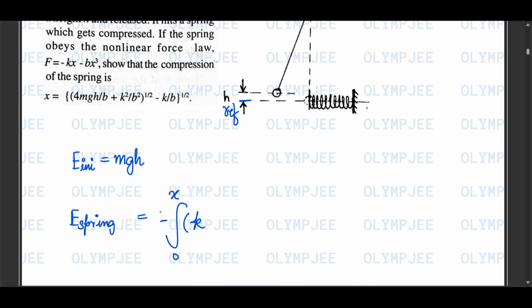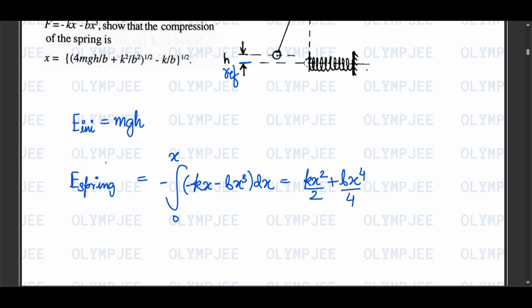So this is negative of the work done by the spring. The energy stored in the spring will be negative of the work done, right? So minus kx minus bx cube dx, which would give us kx square by 2 plus bx raised to the power 4 by 4.